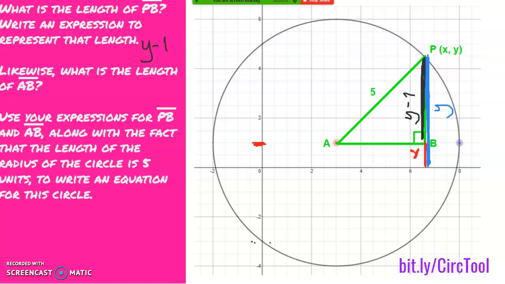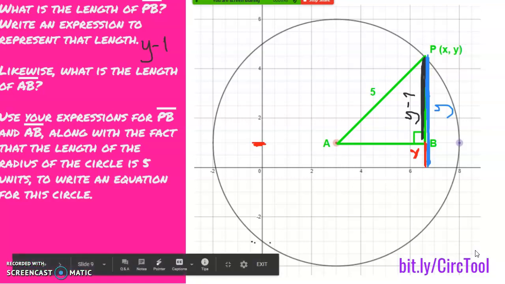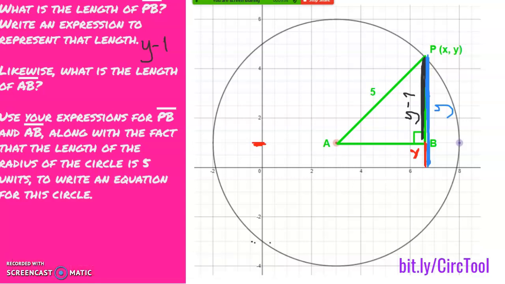Now, I want you, before I do it, to try to find the length of line segment AB. Pause the video for a second and try to find the length of line segment AB the same way we found the length of line segment PB just now. Okay, so let's use the same technique.